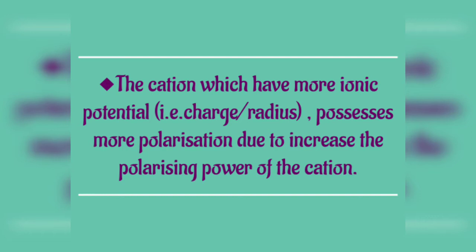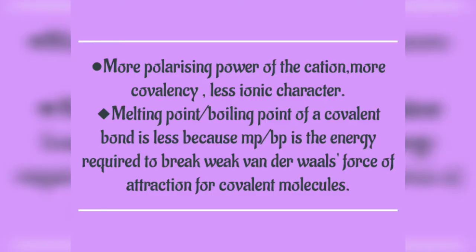A cation with more ionic potential, that is charge by radius, possesses more polarization, because with increasing ionic potential, the polarizing power of the cation increases. More polarizing power of the cation means more covalency and less ionic character.